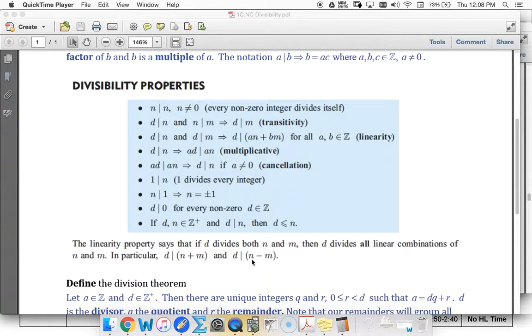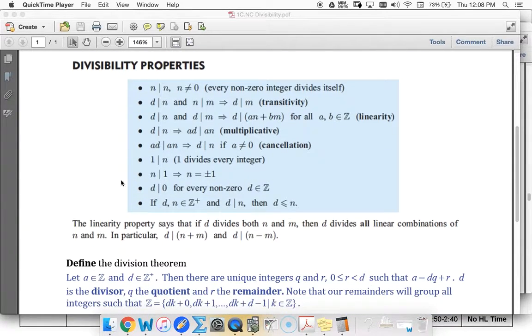So n plus m, n minus m. Multiplicative is true. Cancellation law: so if AD divides AN, D must also divide N. 1 divides every integer, of course that's true. If n divides 1, then n has to be positive or negative 1 only.